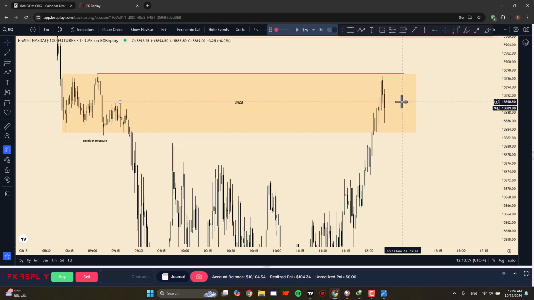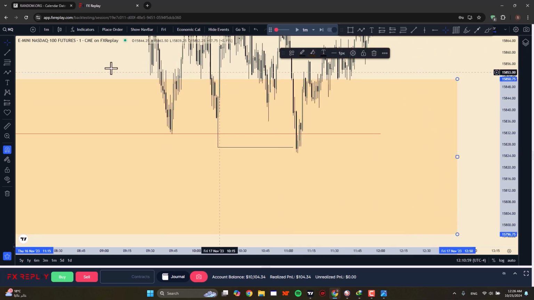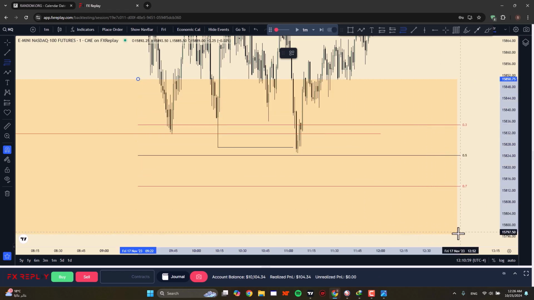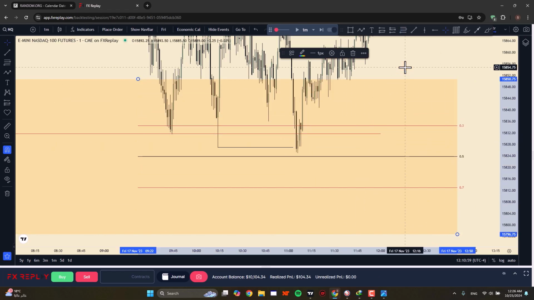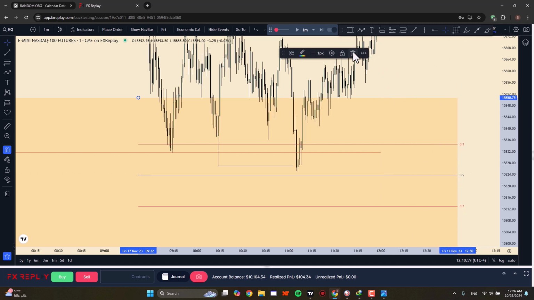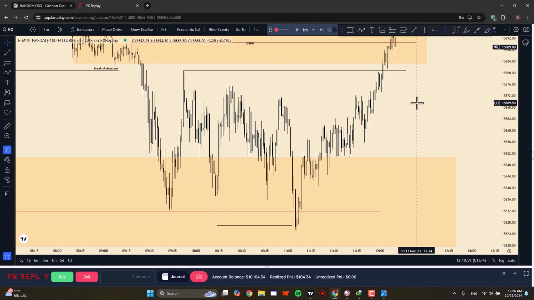They have a higher probability of rejection, but whether price is going to tap into the 50% or not, I can't really know for sure. Let's see if price taps into here. As you can see, this zone was really high probable, and price never tapped into the 50%, right? I'm gonna do a video about how to choose good zones, right? But again, whether price is gonna reject and tap into the 50% and reject from it, I don't know.